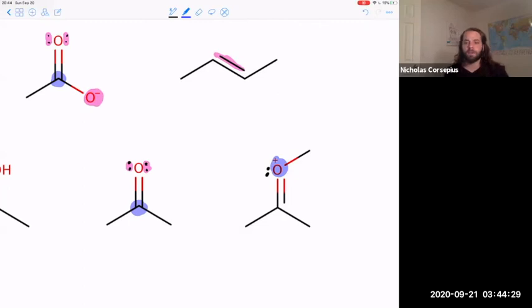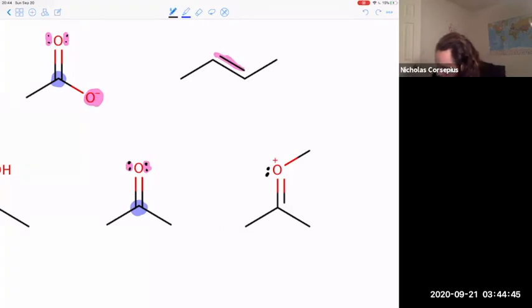It has a positive charge, so of course it wants electrons. Yes, but the problem is that it has a full octet. So it's not going to be able to accept any new electrons. Oxygen will never exceed its octet rule. So this is not going to be an electrophile.